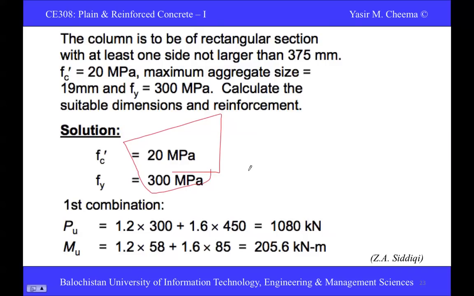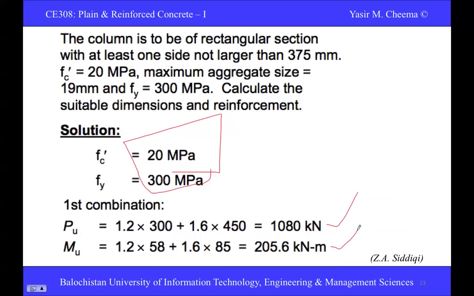So first of all, we convert all the given loads into factored loads. You know, earlier when we studied the load cases and load combinations, we saw 1.2 times dead load and 1.6 times live load. Similarly, we find here the factored load, and for the factored moment we use the same combination.